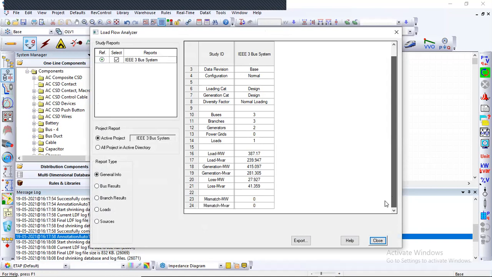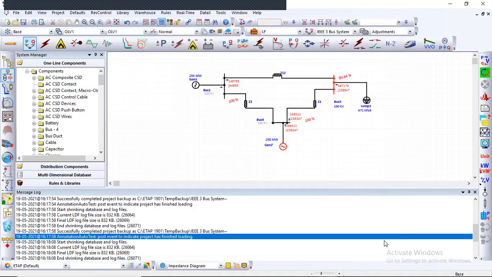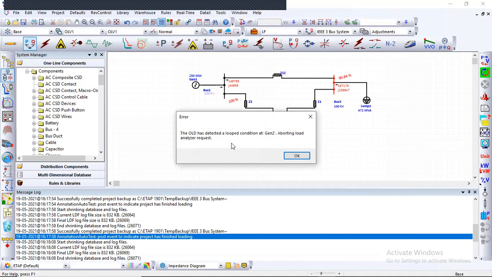This analyzer creates the load flow analysis, the study IDs of particular equipment used for this model, and the IEEE bus system. All the data is generated and can be produced in a table. Now moving towards the load analyzer, this can also be detected in a loop condition.